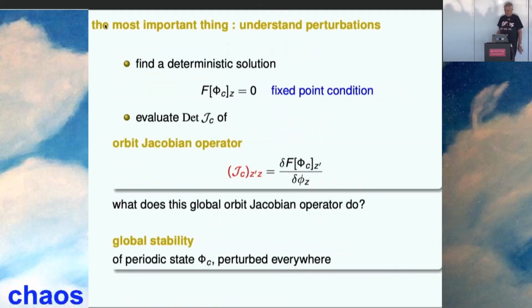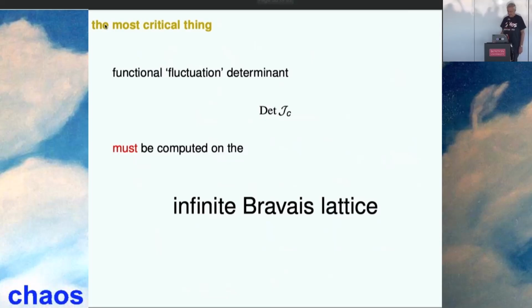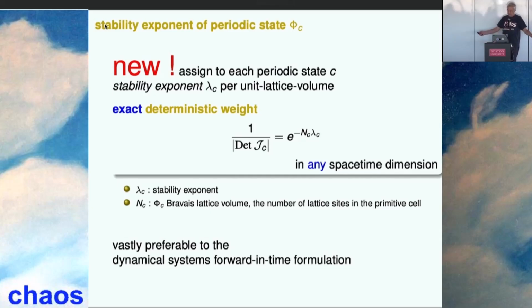Most important thing is to understand perturbation. Here I learned something from Arkady Pikovsky. When people do chaos, they do perturbation which has the same periodicity as the periodic orbit, but that's wrong. Everything we did was wrong. You should actually perturb it in a full state space, which means not just periodic space. So you should compute the functional determinant on infinite space, and that's scary. It turns out you can do it because solid state people know how to do it.